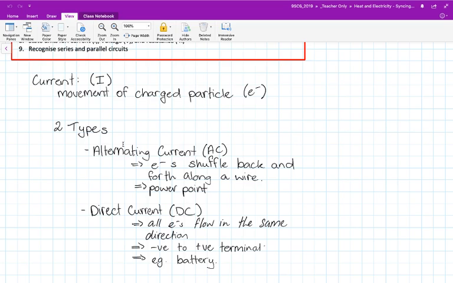Now when we measure current, we established the other day, we measure it using a device called an ammeter. Let me just double check my spelling.